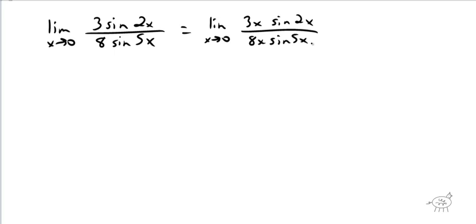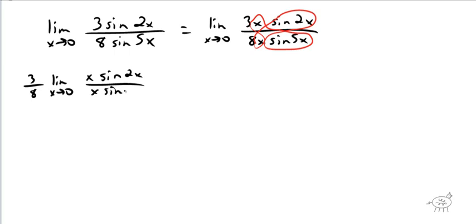No big deal. So now what happens here is this x belongs to this sine, and this one belongs to this. That's important. Now I can rewrite this as limit as x approaches 0. I pulled the 3/8 out, so it's 3/8 times x sine of 2x over x sine of 5x. And what do I need for that sine of 5x?